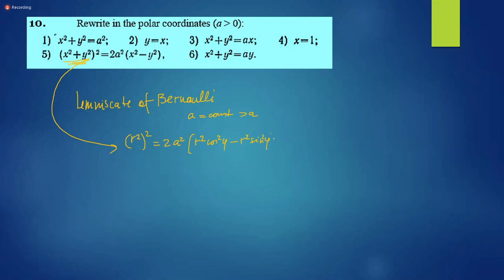Now we see that we can divide everything by r squared. So we have now simply r squared equals 2a squared times cosine squared phi minus sine squared phi. The formula in the brackets should feel familiar. It is the cosine of double angle. r squared equals 2a squared times cosine of the angle 2 phi. That's it.